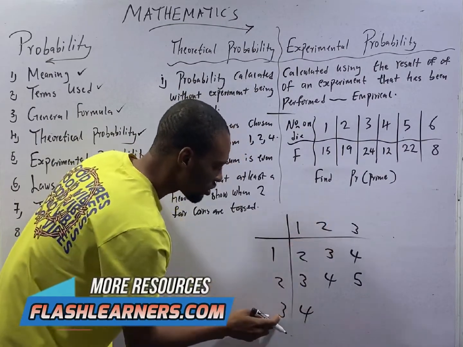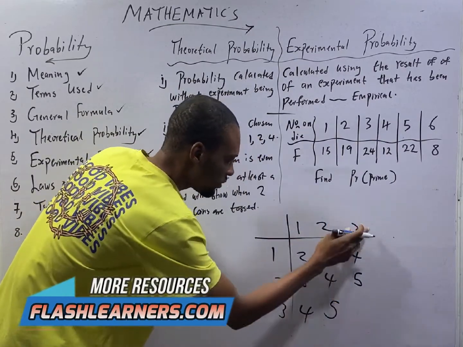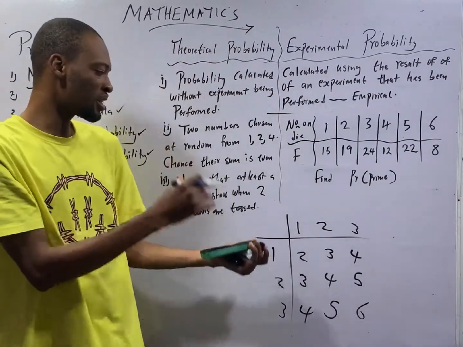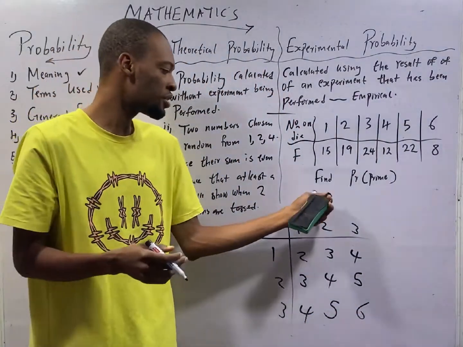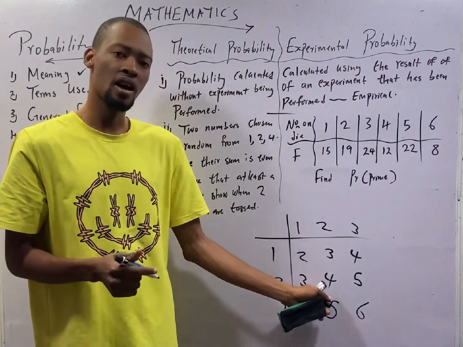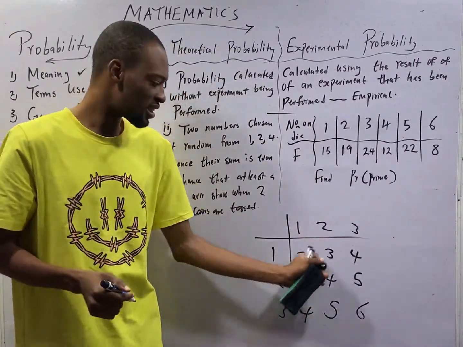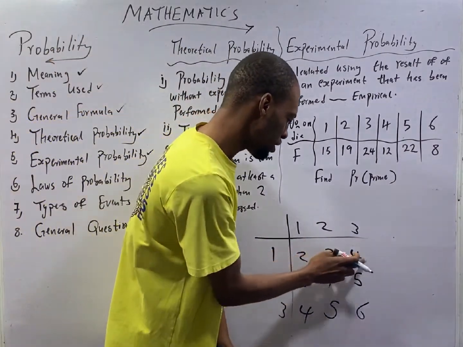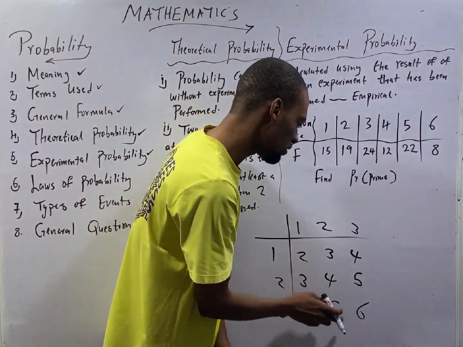Then 2 plus 3 is 5. 3 plus 3 is 6. So anyhow you do it, if you begin to sum different versions of the 3 numbers, you should arrive at this. These are the sample space, and the outcomes are 1, 2, 3, 4, 5, 6, 7, 8, 9.